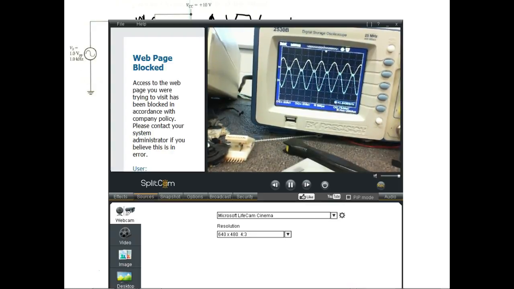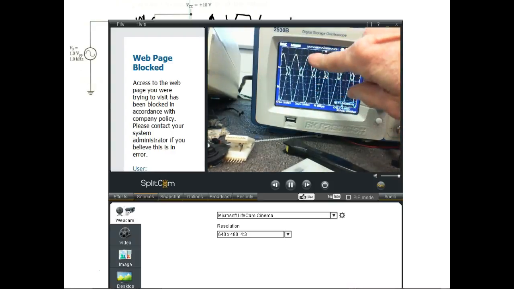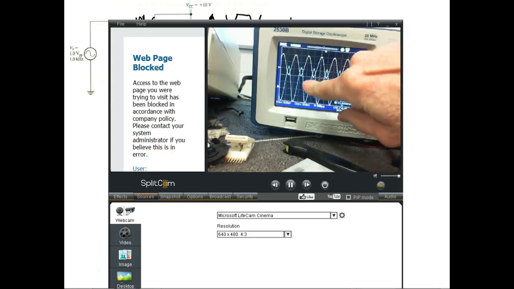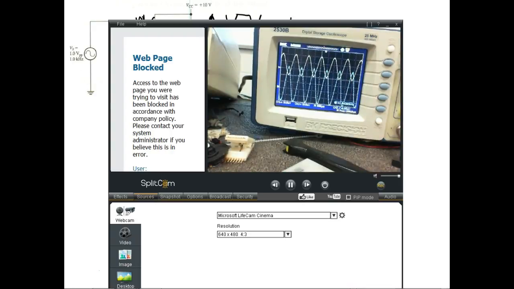That's the difference. I'm putting in 30 millivolts and getting a little over 50 millivolts out, which is a little over a gain of 1, right?